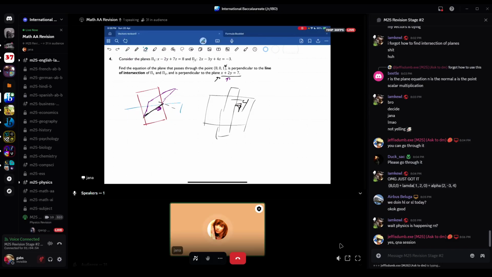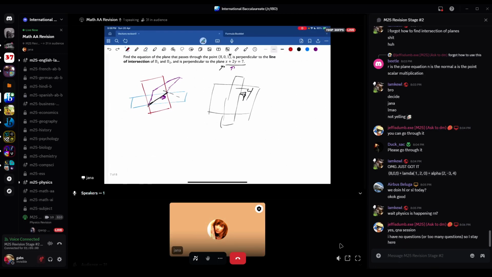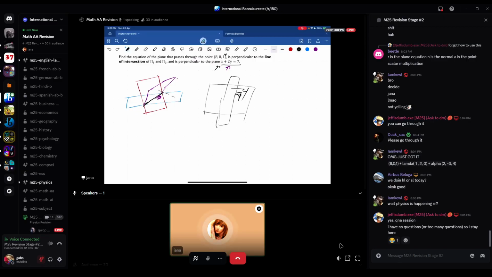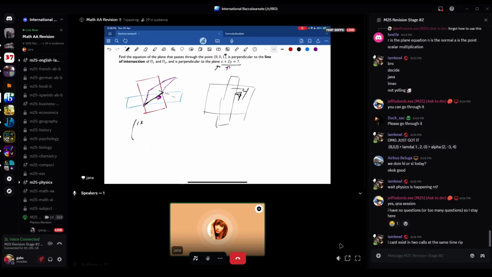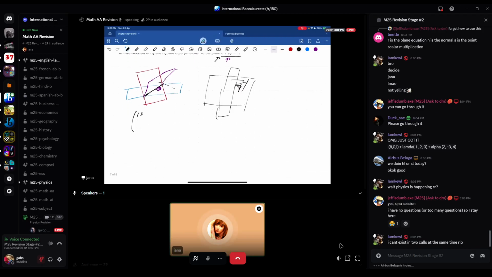So the conclusion to this whole mental gymnastics session is that the normal to our plane has to be the cross product of the direction vector of the line and the normal to this plane. The direction vector of the line, I'm not going to go through it because I'm lazy, but you could just find the cross product of these two. That's going to give you 13, 10, 1.